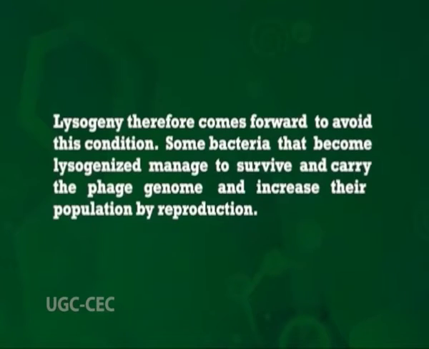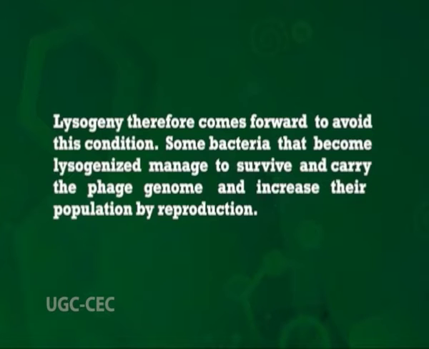In this condition, when every cell becomes infected, the final step of replication will destroy all the host cells. Thus, the phage may be left without a host and directly exposed to environmental hazards. Lysogeny therefore comes forward to avoid this condition.